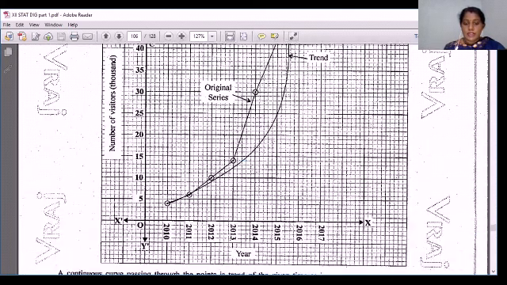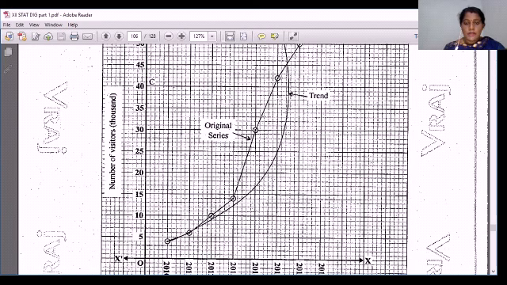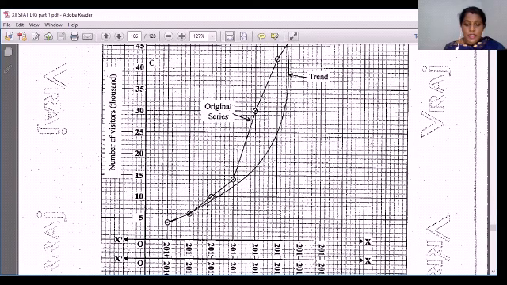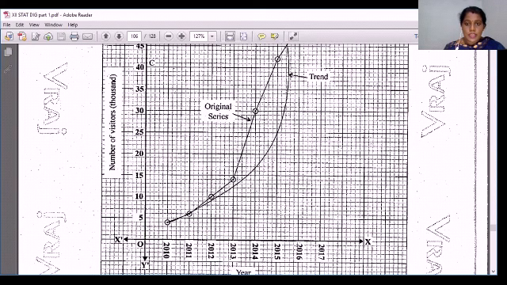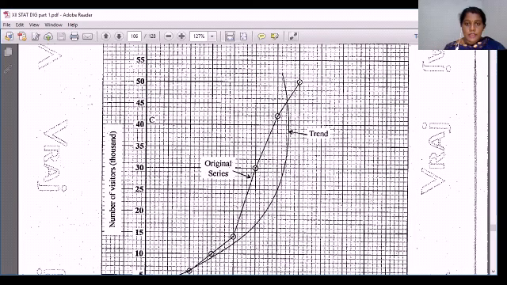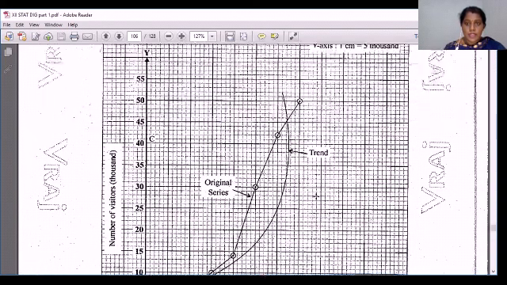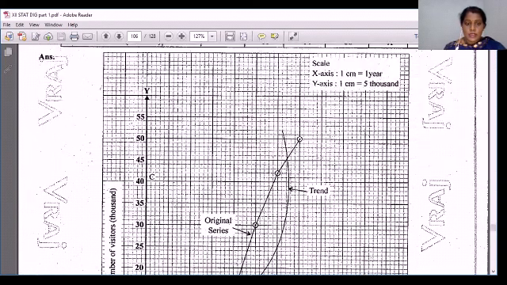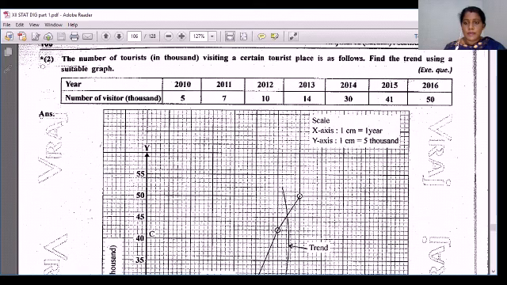Then 2015 it is 41, it should be in the first line only. And in 2016 it is 50.